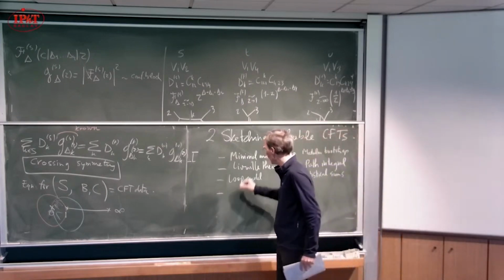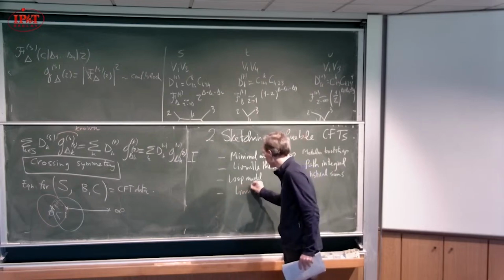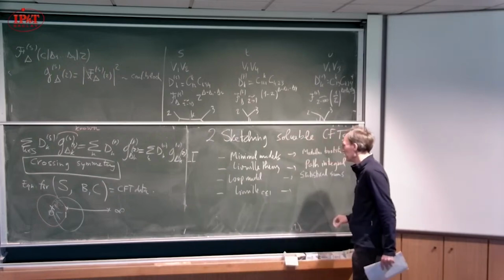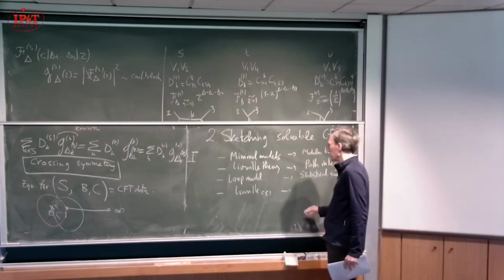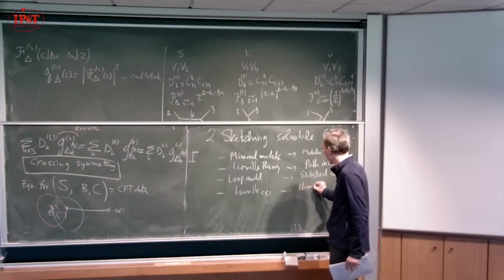That was for Liouville theory with a generic central charge, but if you look at Liouville with c less than 1, originally there was some analytic bootstrap involved, but there was also numerical bootstrap.